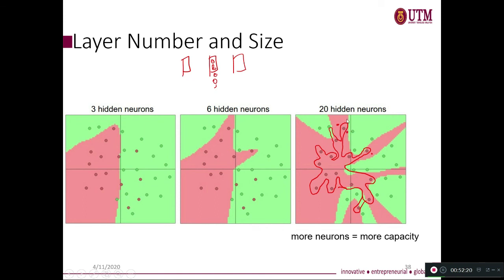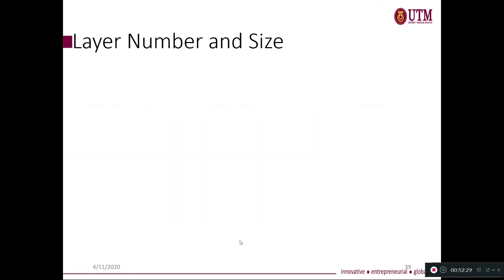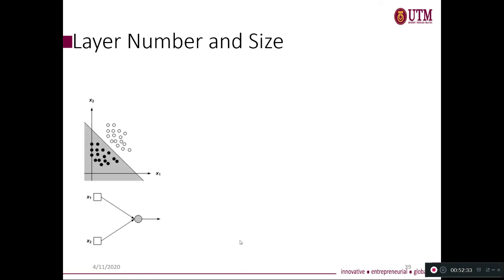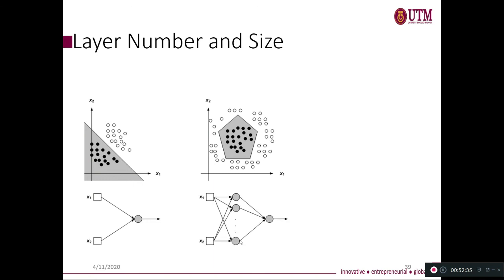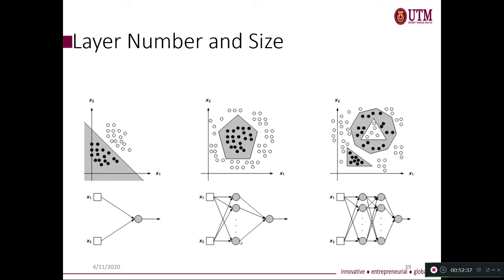So it is very tolerant compared to this one, which is the overfitting. There are strict lines there. In other words, that is what happens if you increase the layer number and size.